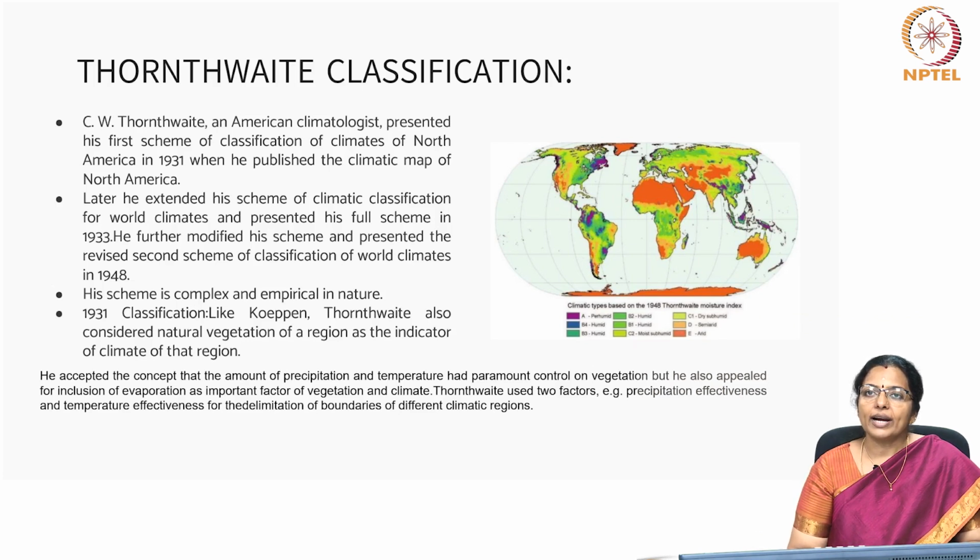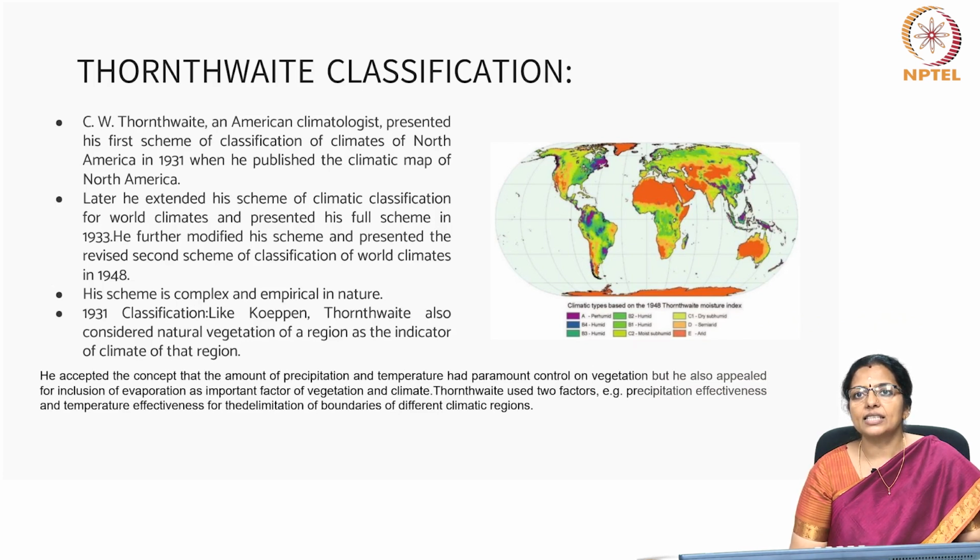So, Thornthwaite, an American climatologist, introduced his classification of North American climates in 1931 and expanded it to cover global climates in 1933 with a revised version in 1948. His system, like Koppen's, relies on empirical data.